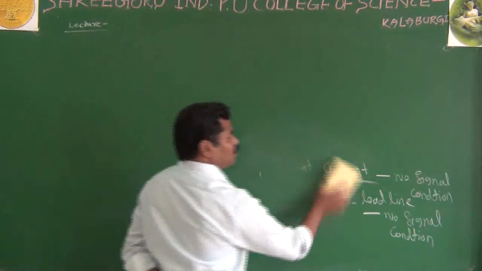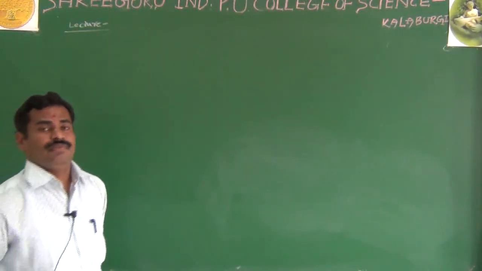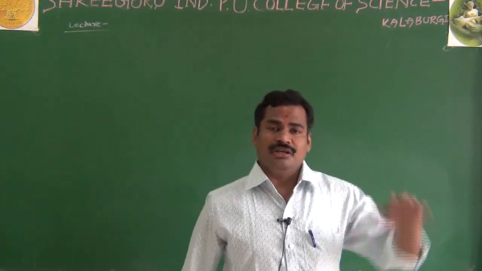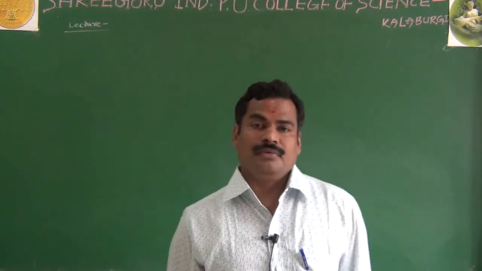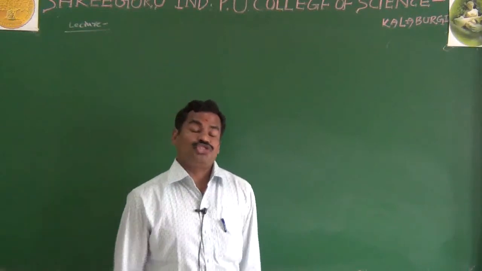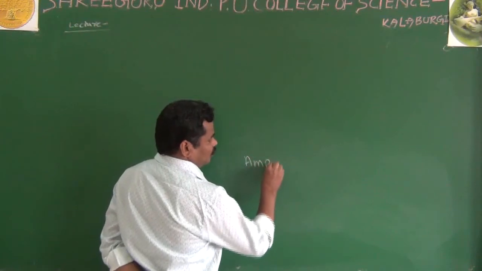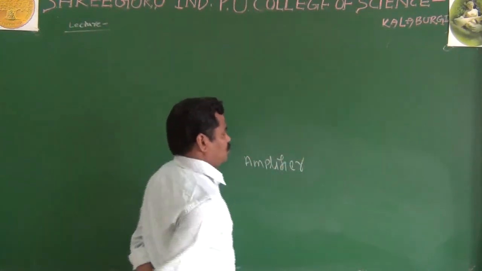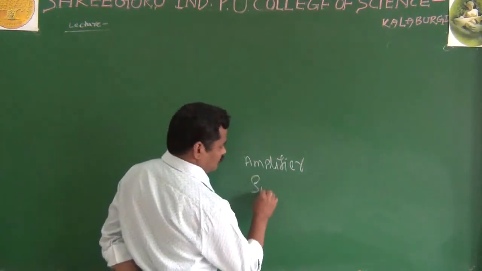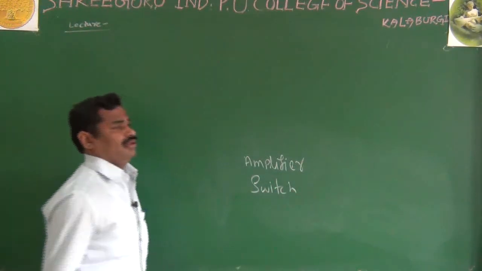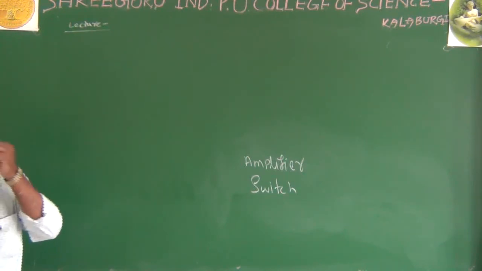And what is the importance of the Q point? Why are you giving more importance to the Q point? To identify the application of the transistor. We know the most important application of the transistor is the amplifier, and the second one is the switch. How do we identify whether the transistor is used as an amplifier or as a switch?